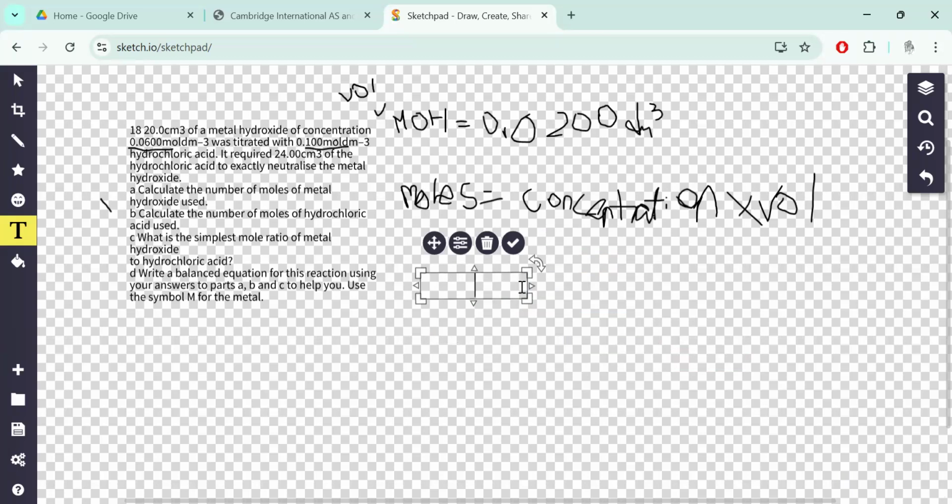So concentration times volume, we have the concentration of metal hydroxide right here is 0.0600. And then we're going to times that. The volume there is 0.0200 decimeter cube.